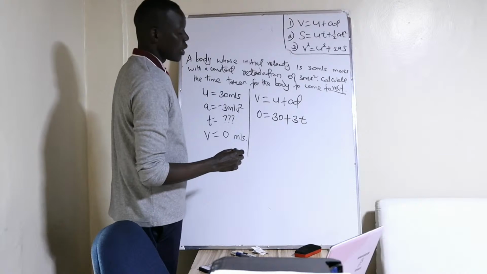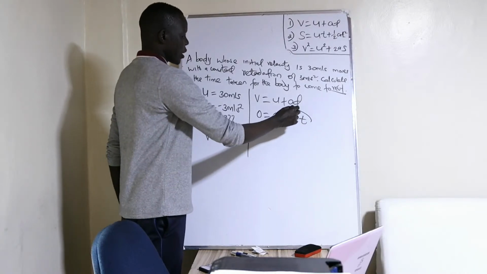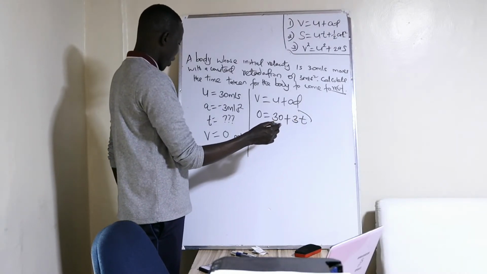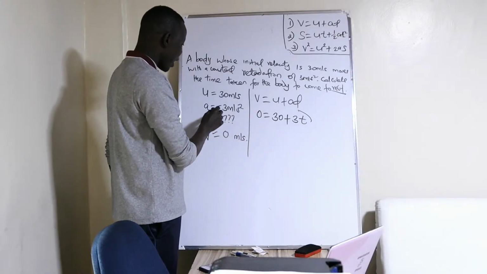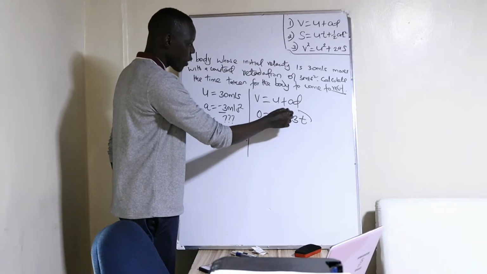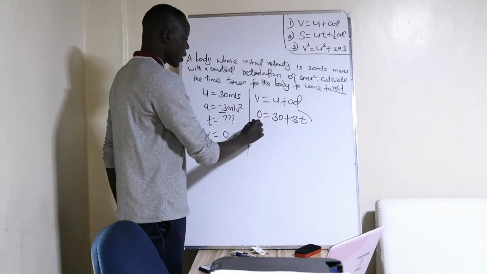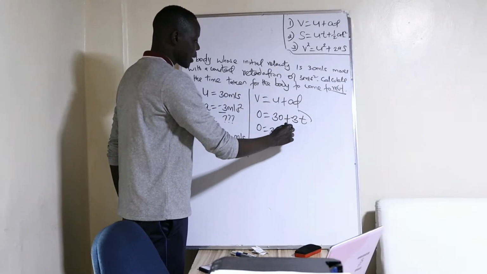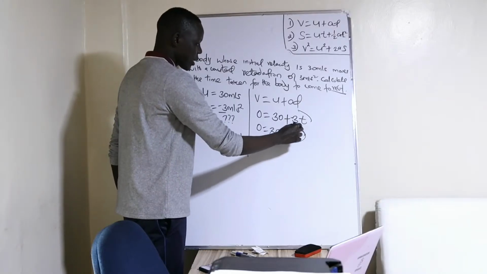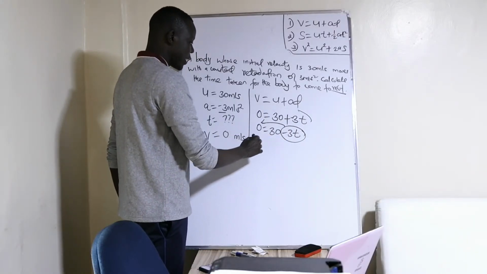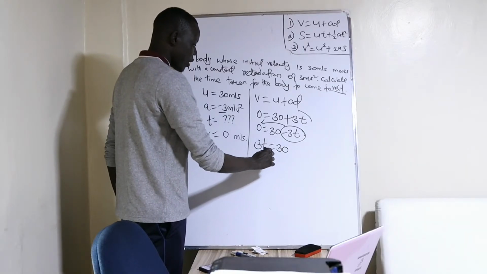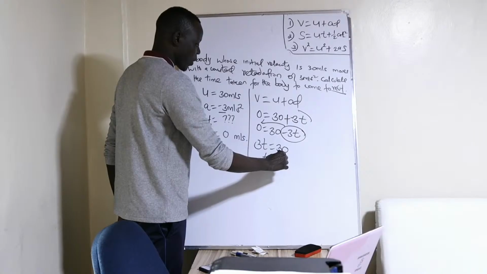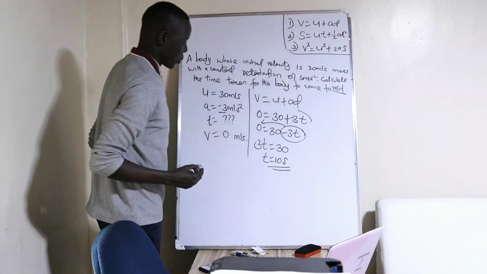T. Chukua hii kuje is which one now are we supposed? We are supposed to calculate what? Time. Now, kumbuka, our a is negative, so you will have to place negative there. So it's going to be like 0 equals to 30 minus 3t. Now take this, ikuje huku. 3t is equals to 30. Then our t is equals to 10. Now then write seconds, because umefika mwisho.